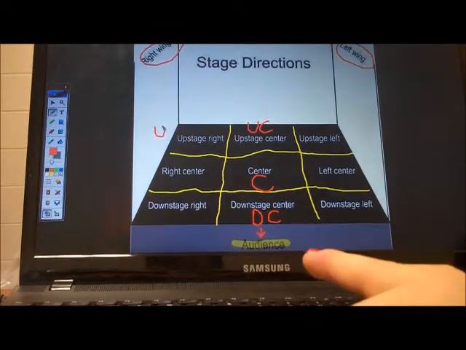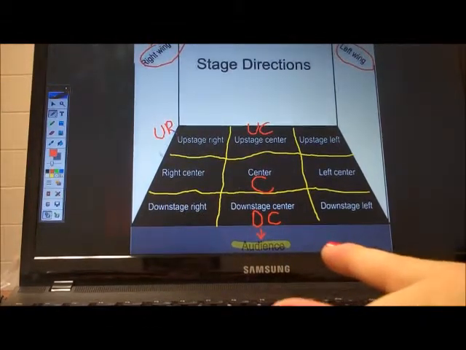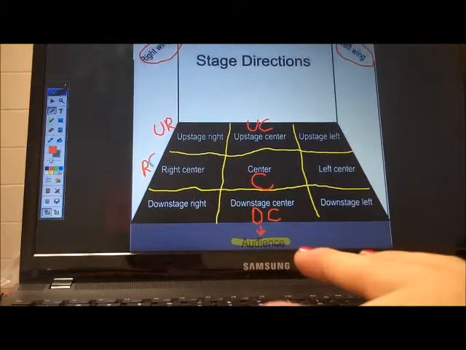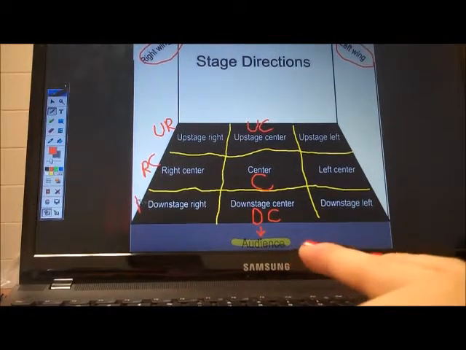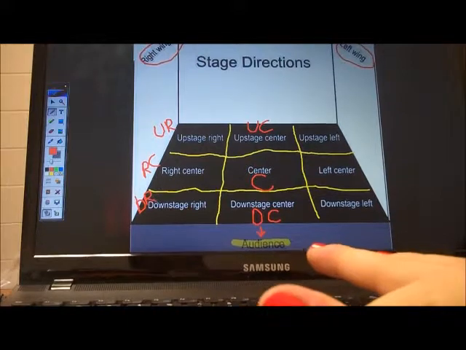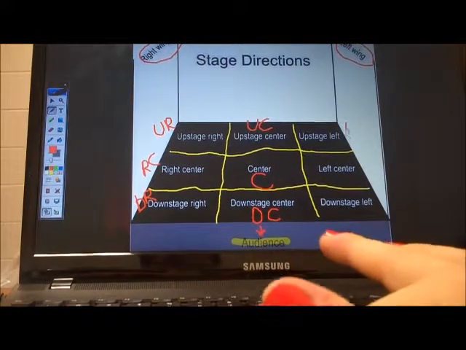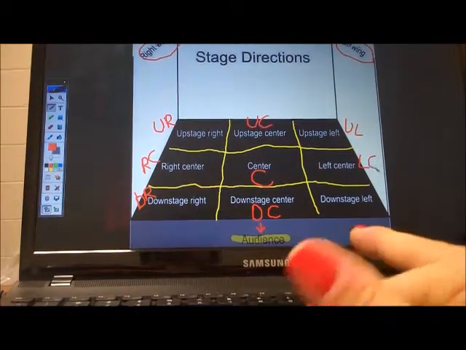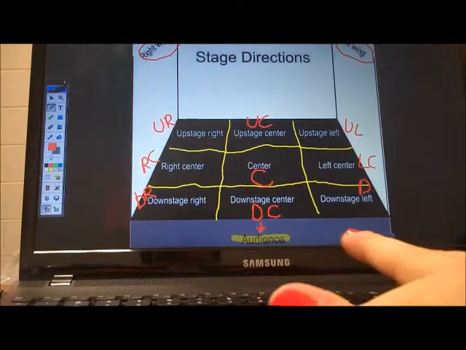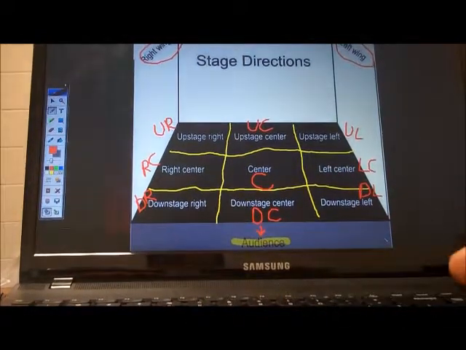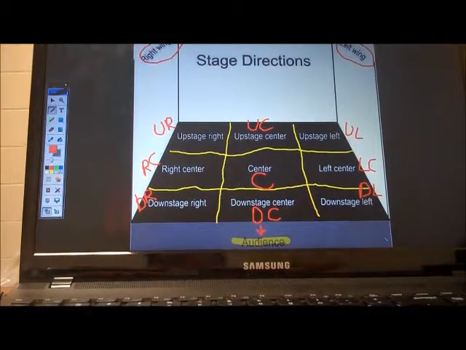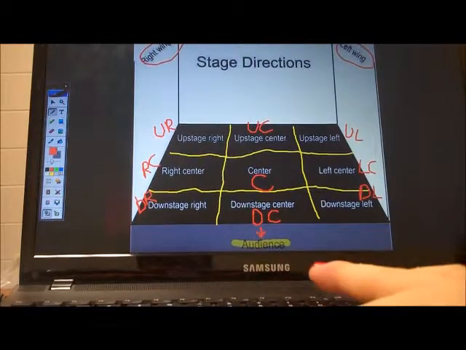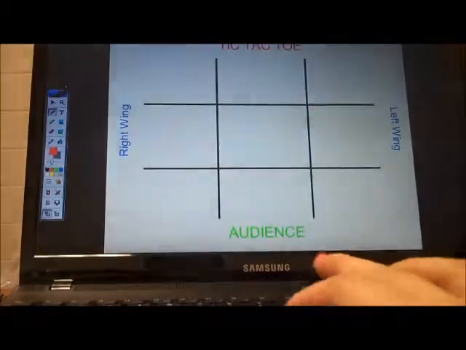So that would be a U, and then an R, and then an R, C, and then a D, R. And then if we go over to this side, it's a U, L, L, C, and D, L. And this would be an obvious time where I would be asking the students and getting them to prompt me, and they would probably figure it out, but I would get them to notate this for me. And as soon as we get a good handle on that, I would go to my next slide.